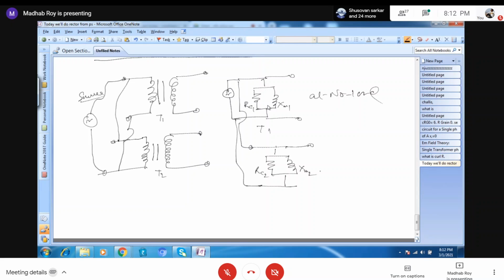You can say that the primary voltage rating should be the same. Why? Tell me why the primary voltage rating should be the same.